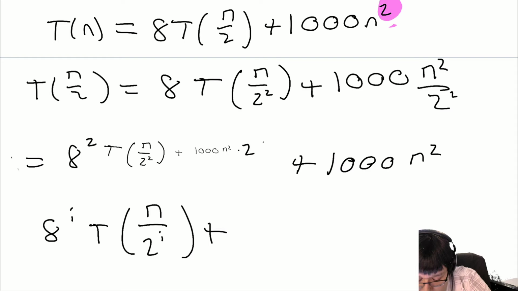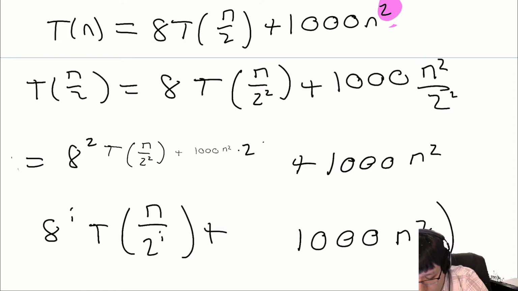plus, and it seems like it's going to be something of the form of 1000 n squared times 8. No, times i. I think it's going to be also times i, but I don't think that's enough because we have a 2 there, and I bet you that 2 is then going to become a 4 and then an 8.